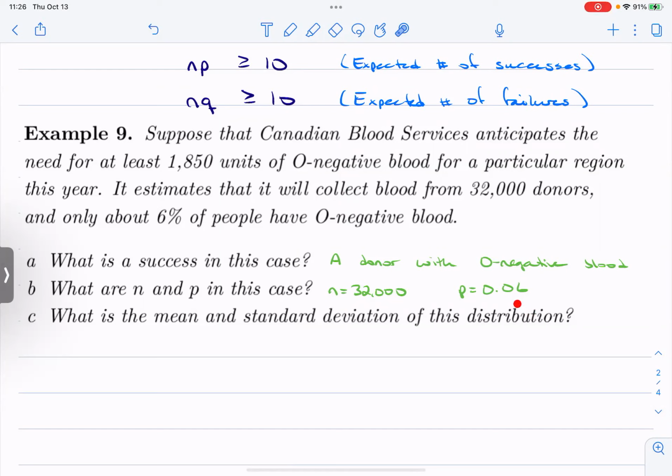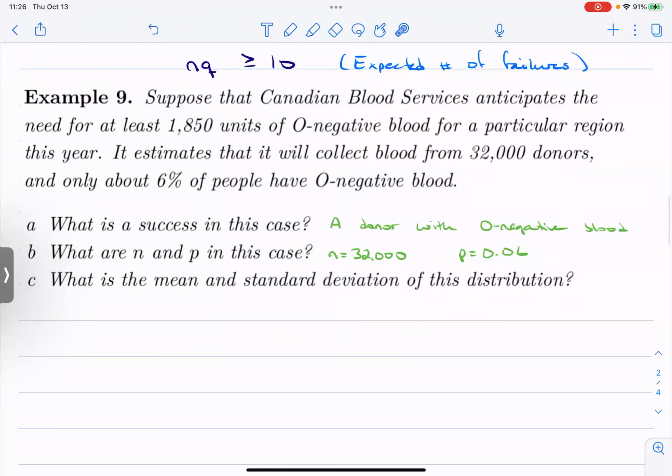That's not necessarily the case, because O-negative blood is genetic, and so if your parents give blood, you're more likely to give blood. So it's not true, but we are assuming that each of the donors are independent of each other. I'll write that down, but I do have a part later that gets us to say that, so I'll save it. But that is something to think about.